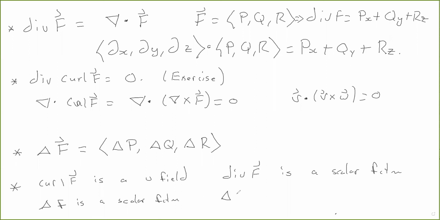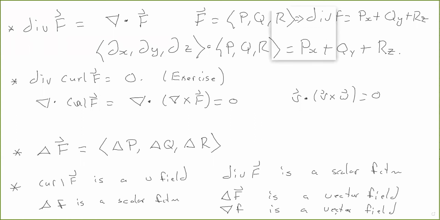The Laplacian of a vector field is a vector field. And really, I should have already done this. The gradient of a scalar valued function is a vector field. Curl is only defined for a vector field. Divergence is only defined for a vector field. Okay, and now that's all that I want to say.